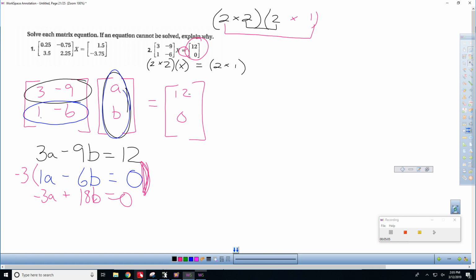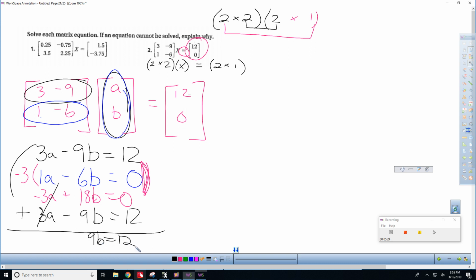Below that, we'll rewrite that one. We're just doing the elimination method here. Hopefully you guys are familiar with this. You might need to be refreshed, but hopefully you know how to solve a system of equations. We are adding these. That gets rid of that. You get 9B equals 12. Divide each side by 9, and you get B is 12/9, which is 4/3. Okay?